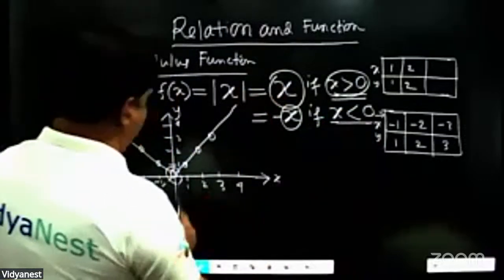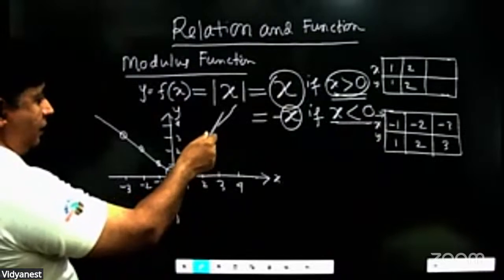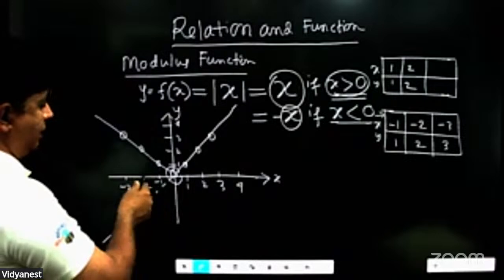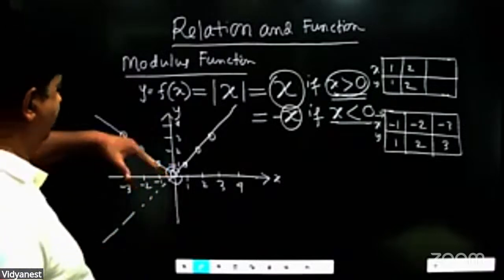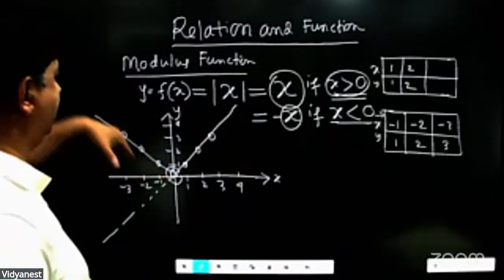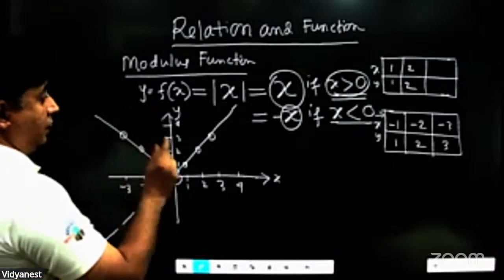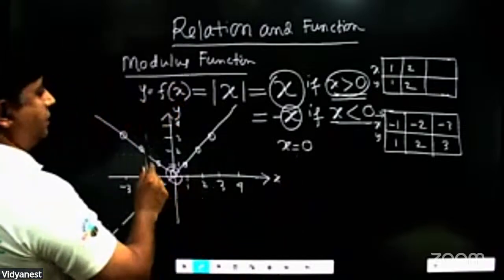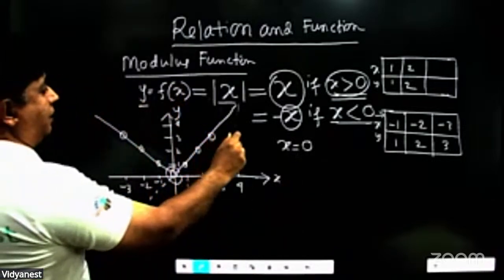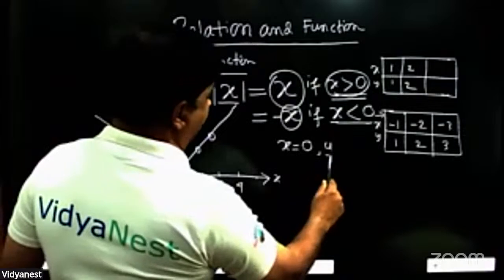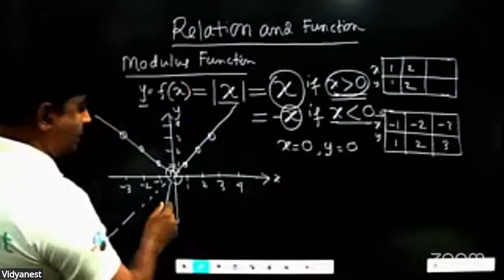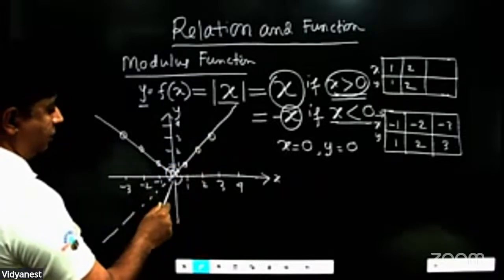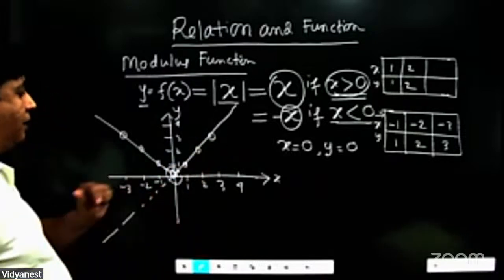So you see the line is coming here, approaching origin, then goes in this path. So if I put x is equal to 0, then shall I get any valid result of y? Yes, y is also 0. That means that origin exists. So this line can meet the origin.